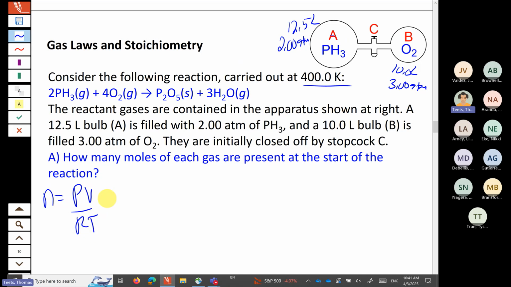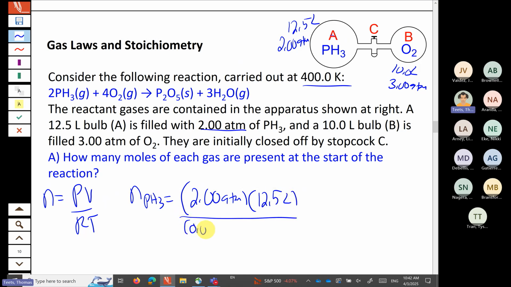If we want to find the moles of each gas, we just need to know the pressure, volume, and temperature, which we have for both of them. So for the first gas, PH3, its pressure is 2 atmospheres. That's stated directly in the problem. It's in a bulb that has a volume of 12.5 liters.